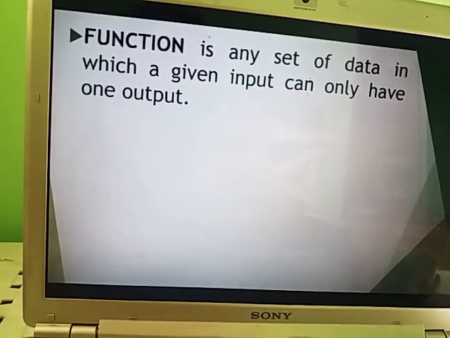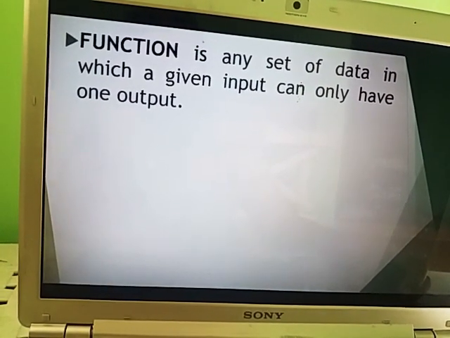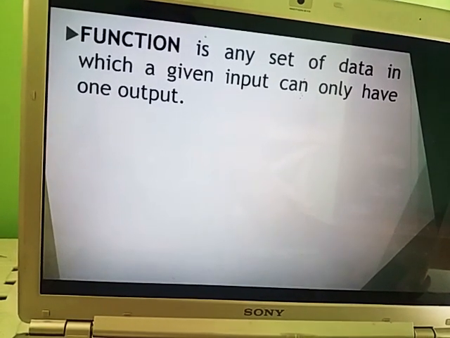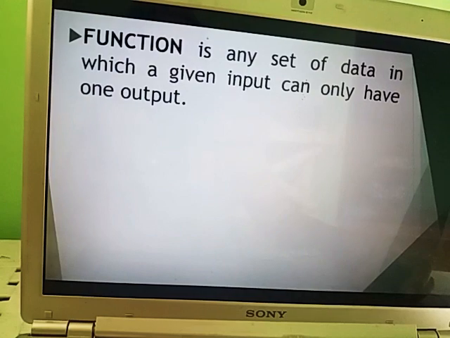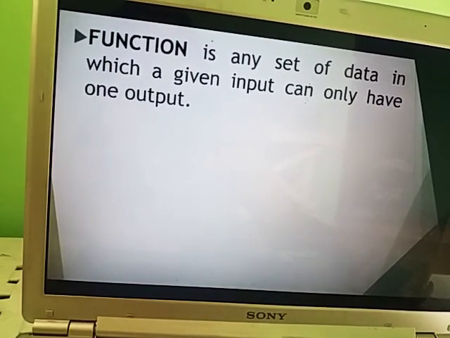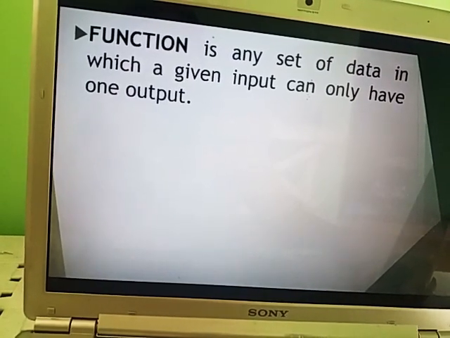When we say function, it is any set of data in which a given input can only have one output. Ibig sabihin, a function is also a relation, but a function can always have one output.